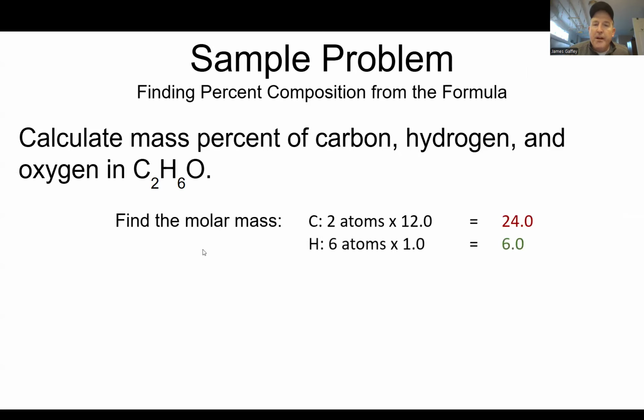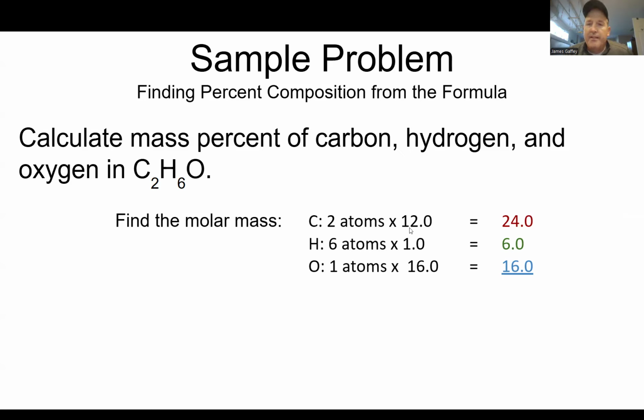In that formula, we list the elements present: carbon, hydrogen, and oxygen. Note the subscripts within the formula. There are 2 atoms of carbon, and I know that because the subscript after carbon is a 2. 6 atoms of hydrogen, there's a subscript 6 after H. And there's an implied subscript of 1 for oxygen. That means there's 1 atom of oxygen.